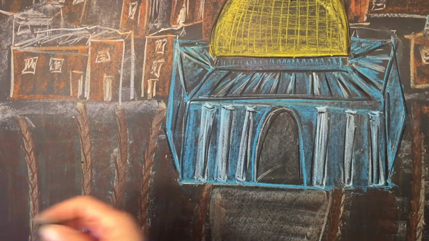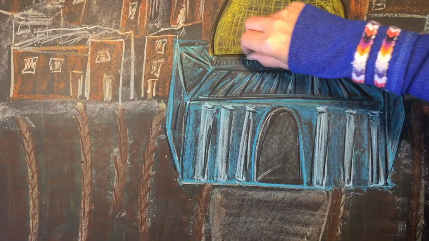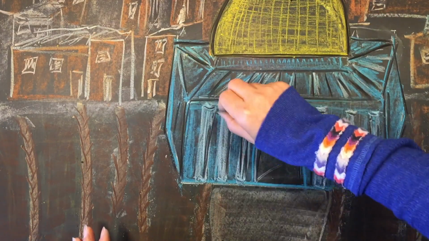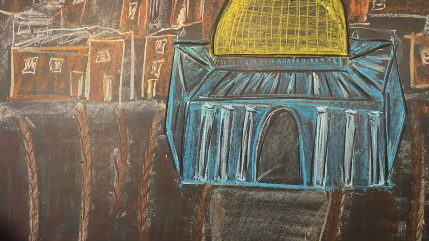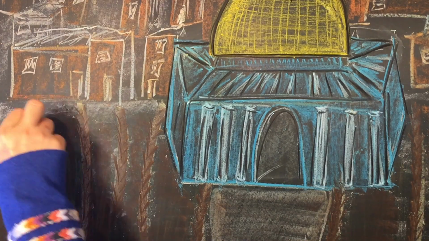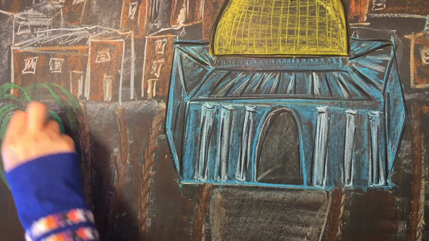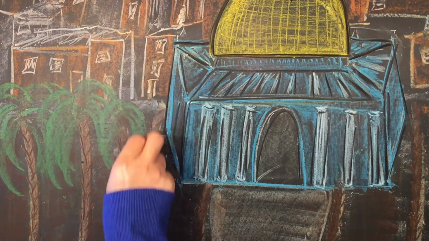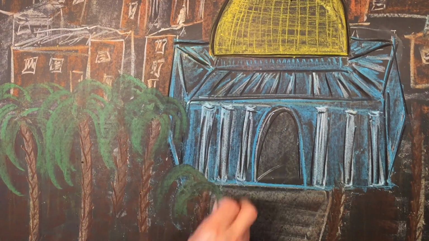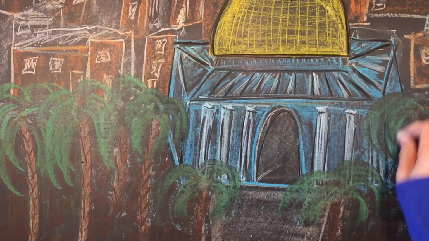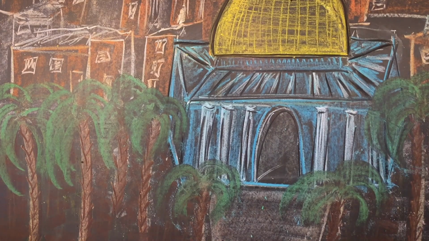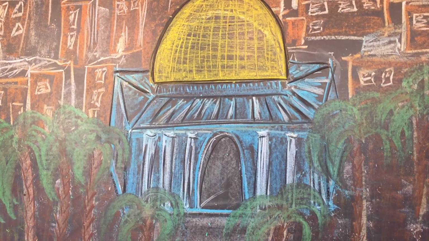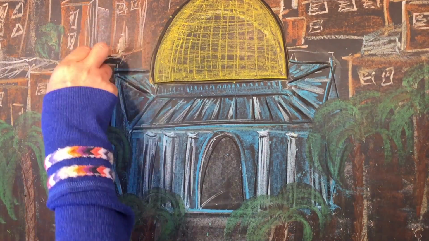So you saw I did the houses, but I'm going to come back and do more to the houses. And you saw that I did the outline for the masjid, but I'm going to come back and do more. And then I started the palm trees, but I'm going to finish them off later. If I had done the palm trees first, it would have been more challenging to get those houses in the background. And I wanted the palm tree leaves to come in front of the masjid, and so I needed to get that done as well.